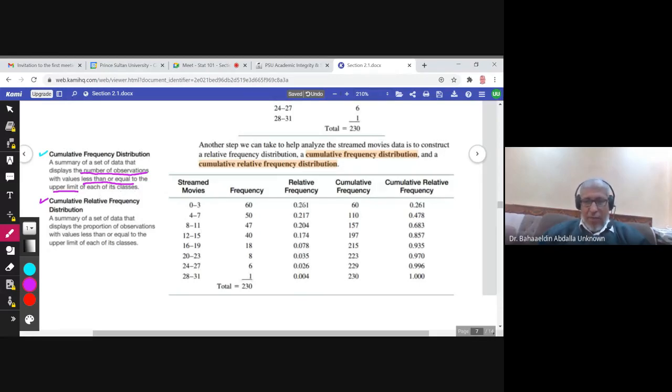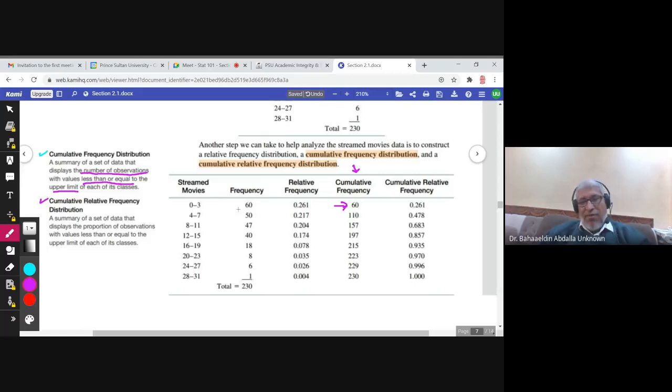So for example, to find the cumulative frequency, this number, how did we find this number, 60? We count the number of observations with values less than or equal to the upper limit. The upper limit here is 3. So how many observations are less than or equal to 3?